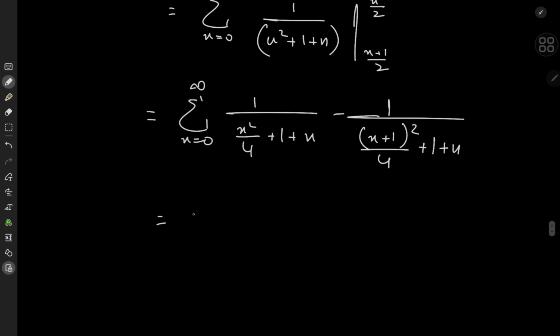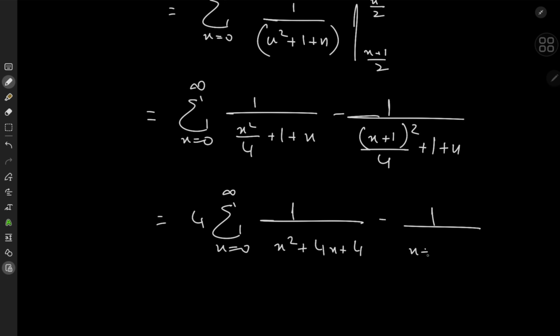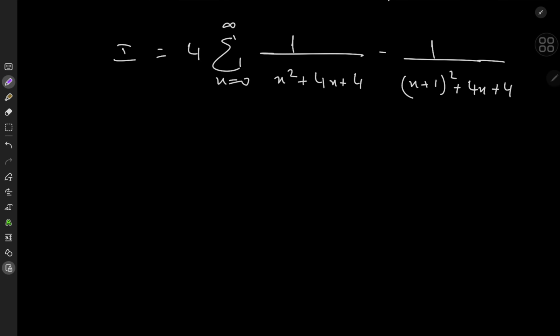Multiplying by 4 gives us 4 times the sum over n from 0 to infinity of 1 over n squared plus 4n plus 4 minus 1 over n plus 1 squared plus 4n plus 4. Now all we need is some algebra.